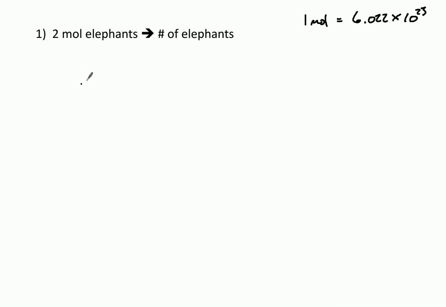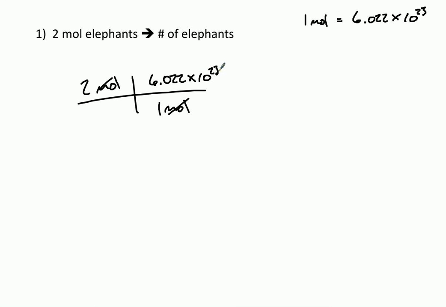But I'm going to take whatever I'm given, and then I'm going to use a conversion factor. I'm just going to put the mole wherever it needs to be. Right? In this case, I need the 1 mole to be on the bottom so that this cancels. Otherwise, I'm going to multiply by 6.022 times 10 to the 23rd. Again, I have an elephant label here.